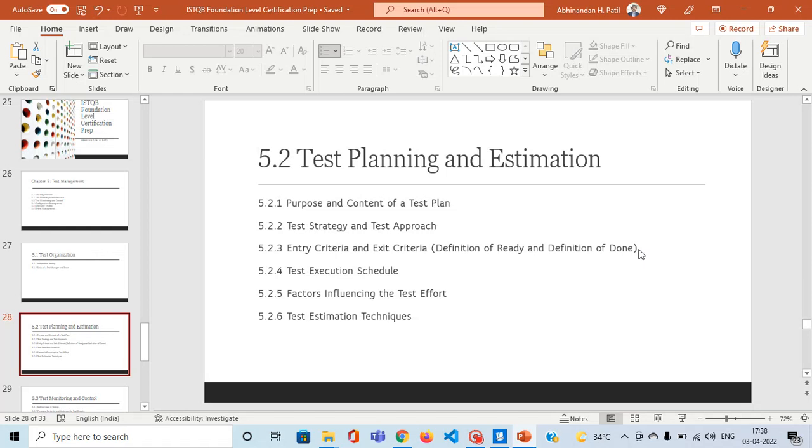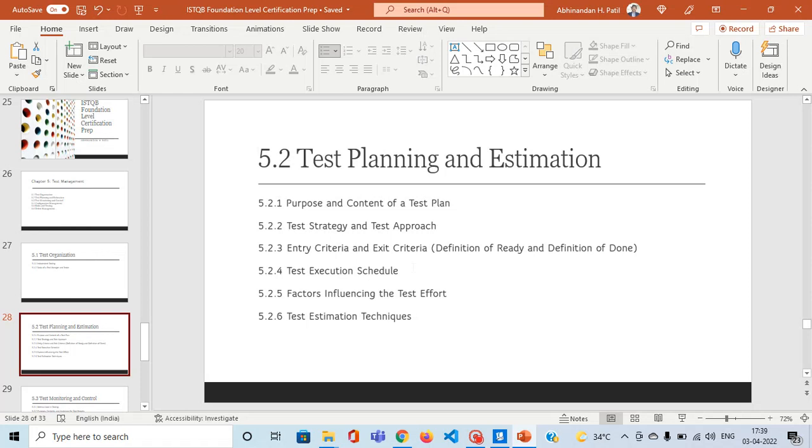Now let's talk about test execution schedule, that is 5.2.4. Once various test cases and test procedures are produced and assembled into test suites, they can be arranged into a test execution schedule. So basically a test execution schedule will tell which test suites should be executed in which order.